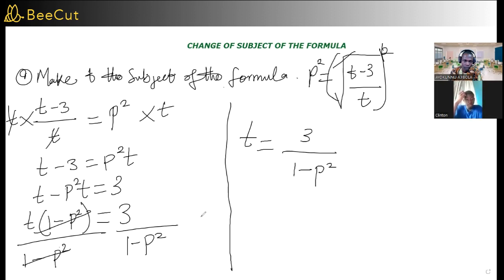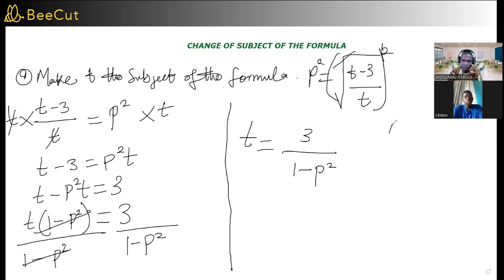Yes, it is. But for that T minus P squared T, when you brought out the 1... Okay, very good. Now look at it. I want to factorize. T is common to the two terms, so T divided by T is 1, while P squared T divided by T is ordinary P squared.